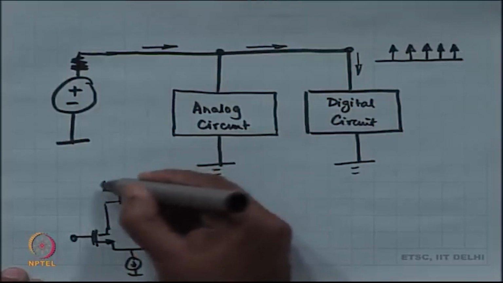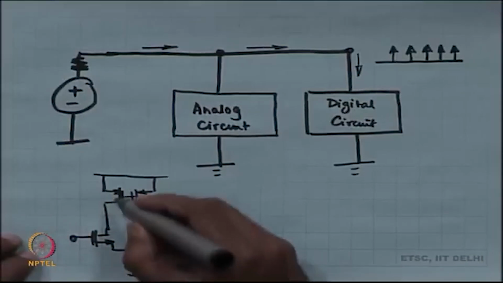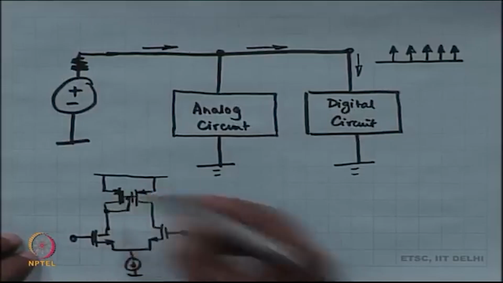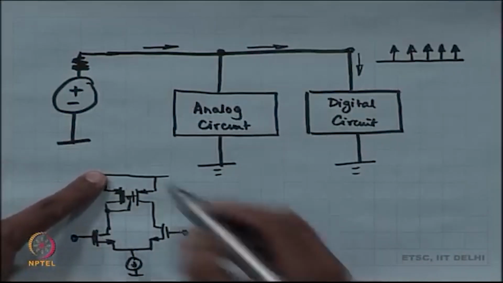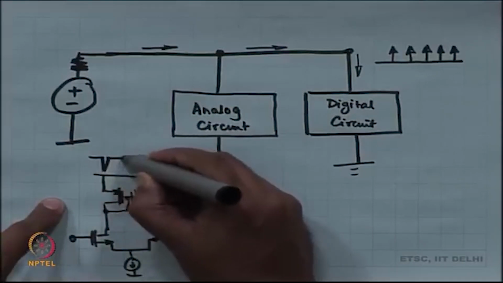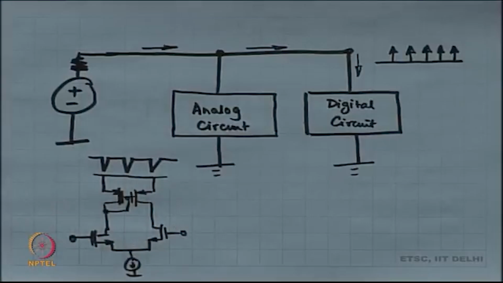Actually, a differential amplifier is a very good example. If it is not a differential amplifier, the outcome is going to be very harsh. But suppose there is some differential amplifier over here. The power supply is bouncing like this at the edges of the clock.